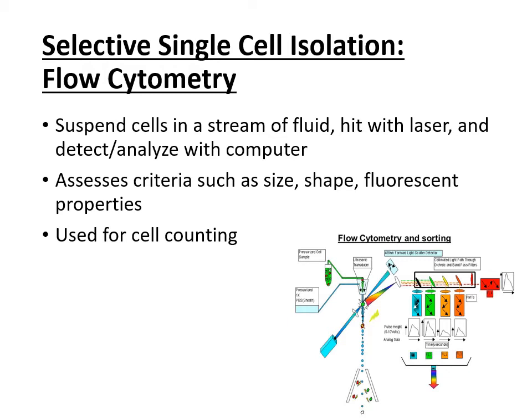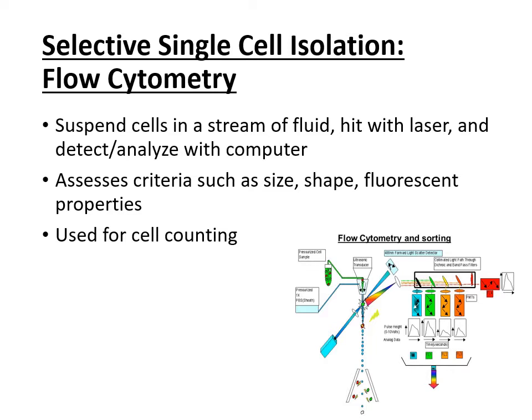Okay, so now here on this slide, we have another example of an isolation technique, but of course this one is much more complicated and requires much more expensive equipment and training than the quadrant streak, for instance. So this isn't one that you would be doing in a classroom lab.